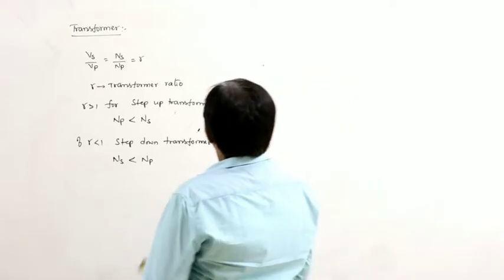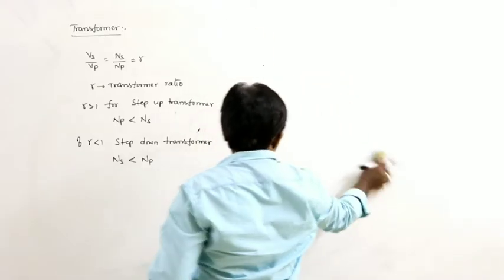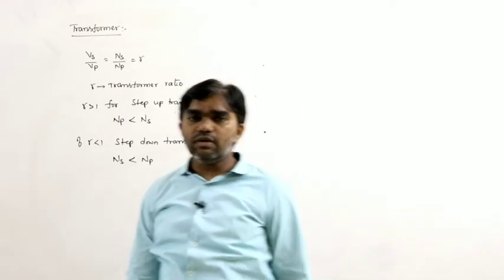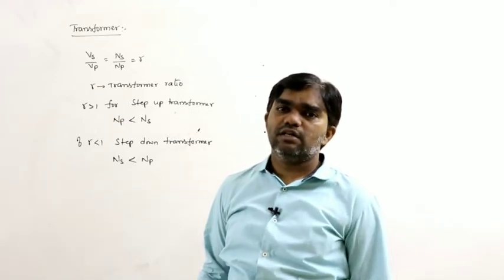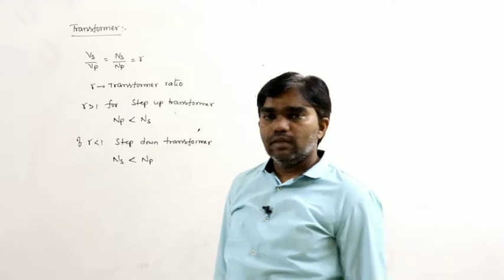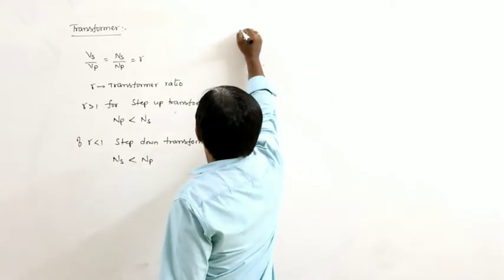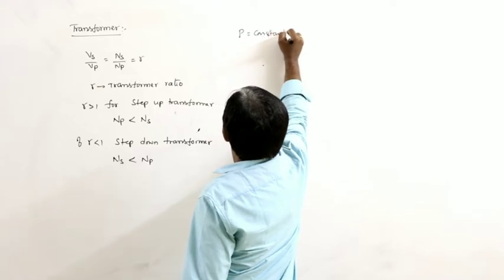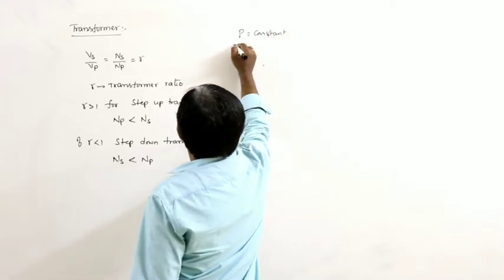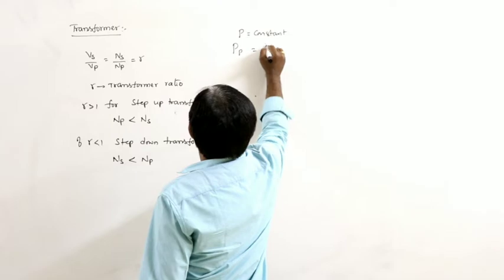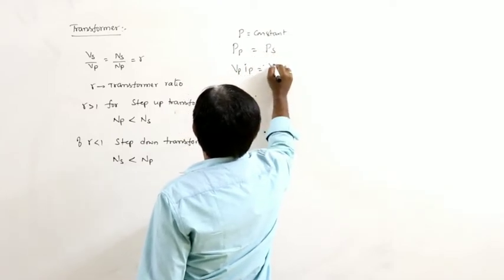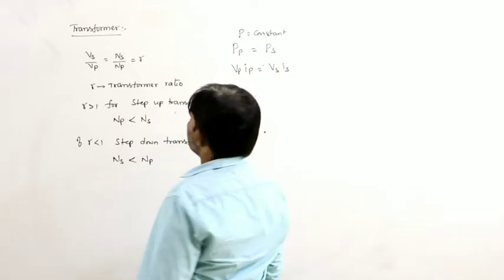So now here, power remains constant. What is that? Power remains constant. So according to this, power remains constant. So that means P primary is equal to P secondary. So V primary I primary is equal to V secondary I secondary.